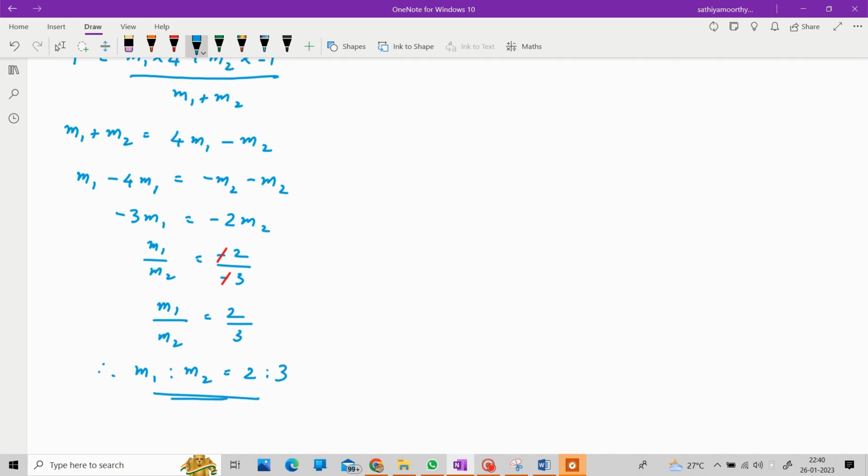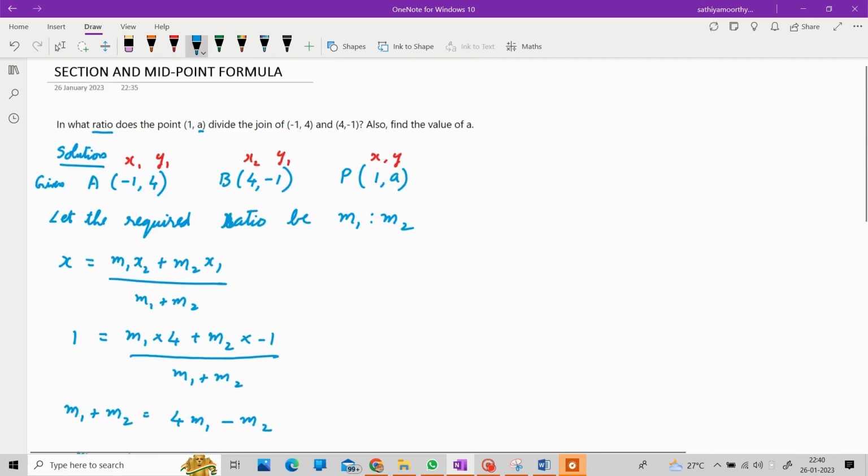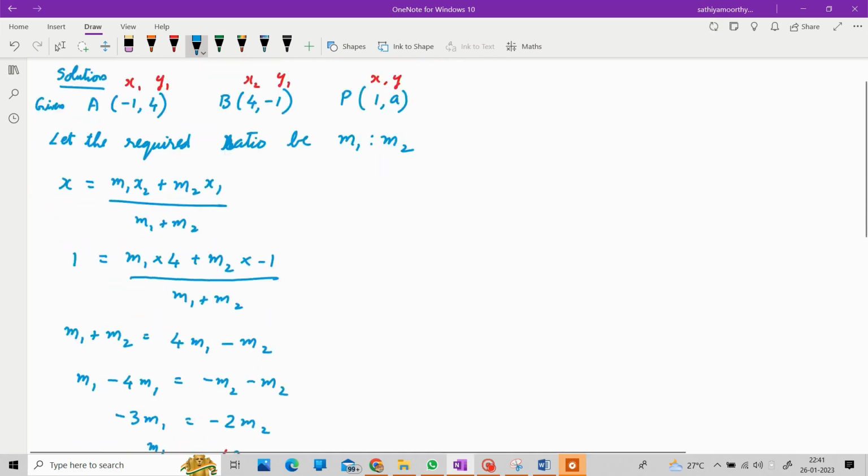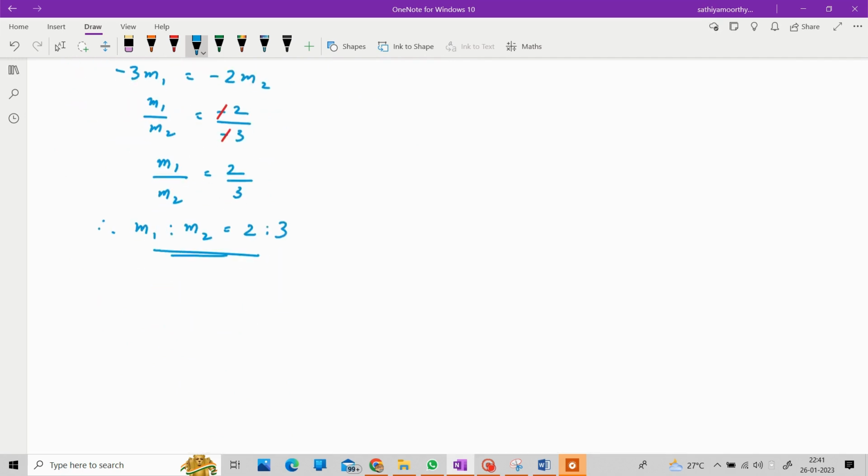Now the second part, they are asking us to find out the a value, that is the y coordinate they are asking us to find out. So let me find out the y coordinate. Now y is equal to, let me write the formula first, y is equal to m1 y2 plus m2 y1 by m1 plus m2.